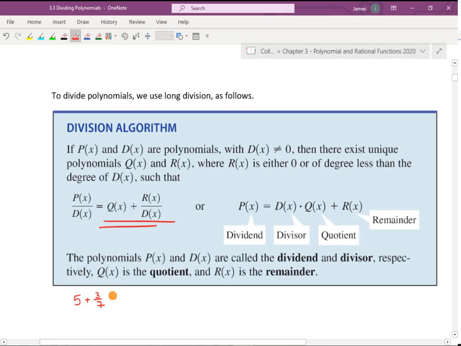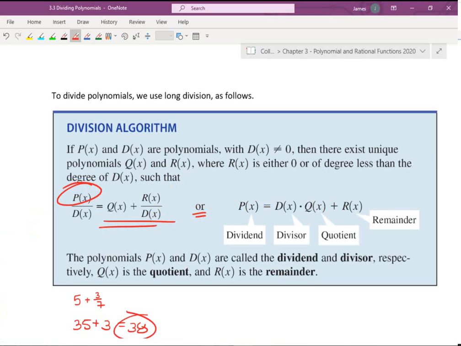The 7, right? 7 was my divisor. If I multiply everything by 7, what's 5 times 7? 35. What's 3/7 times 7? 3. What's 35 plus 3? 38, which was my original polynomial, right? Does that kind of make sense? That's exactly what this is stating here.